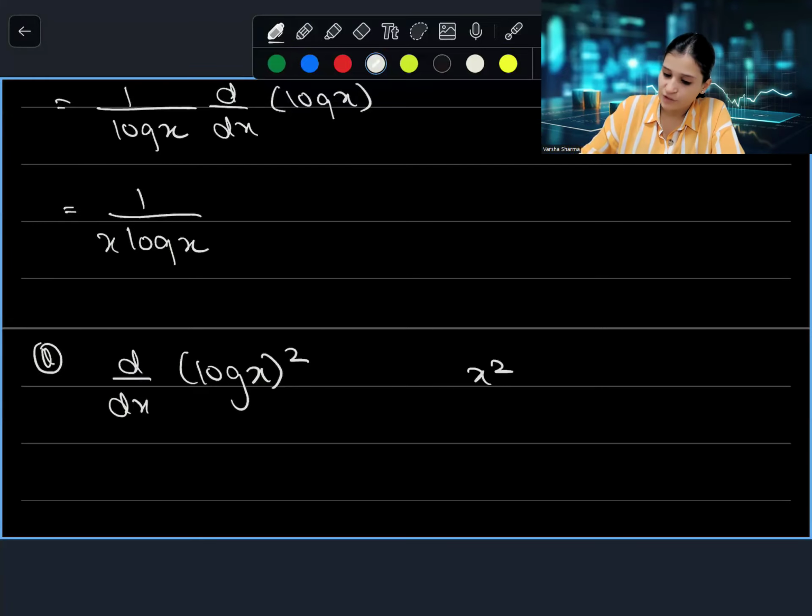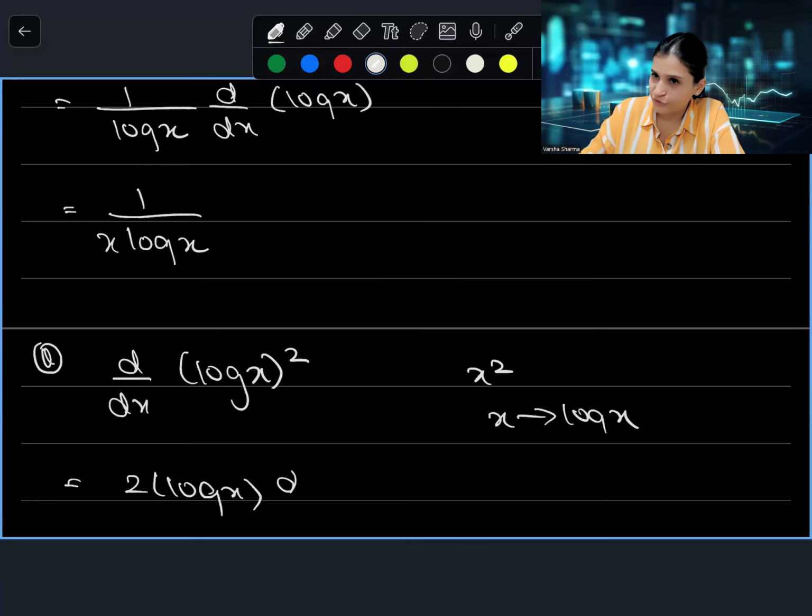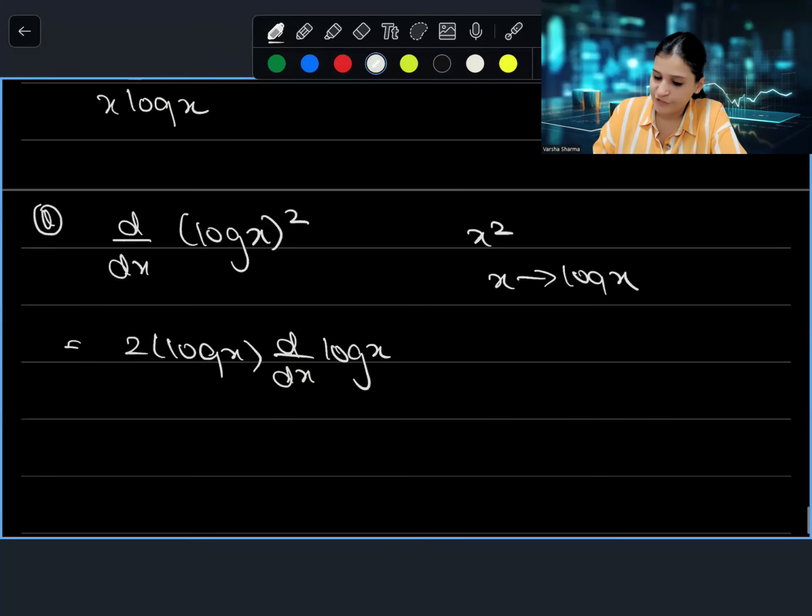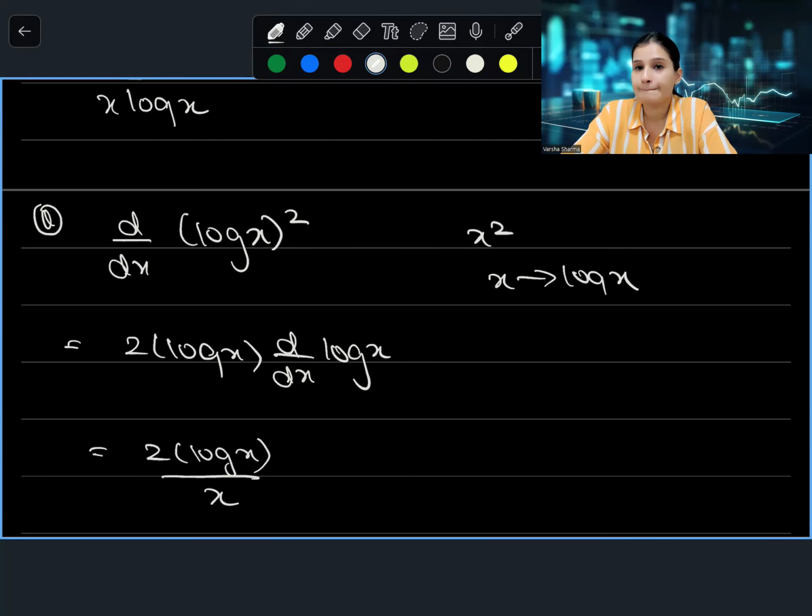First x square becomes 2x. Now instead of x, we had log x, so the differentiation of log x will get multiplied. The differentiation of log x is 1 by x.